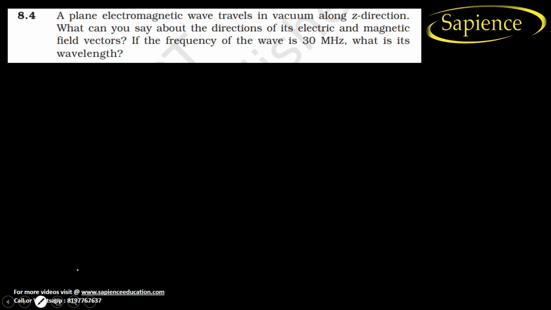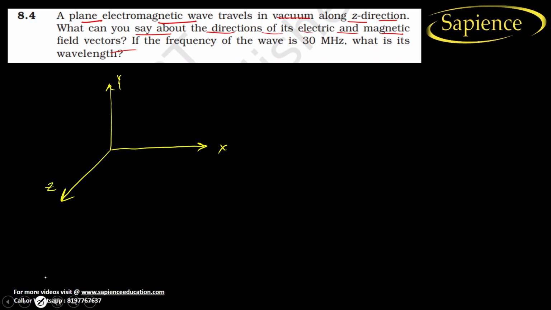In the next question, see, a plane electromagnetic wave travels in a vacuum along the z direction. What can you say about the direction of its electric and magnetic field vectors? So first of all, we need to draw a three-dimensional figure. Let us suppose this is the x-axis, this is the y-axis, and this is the z-axis.